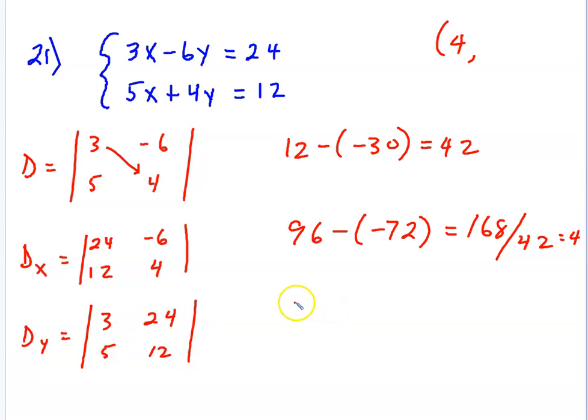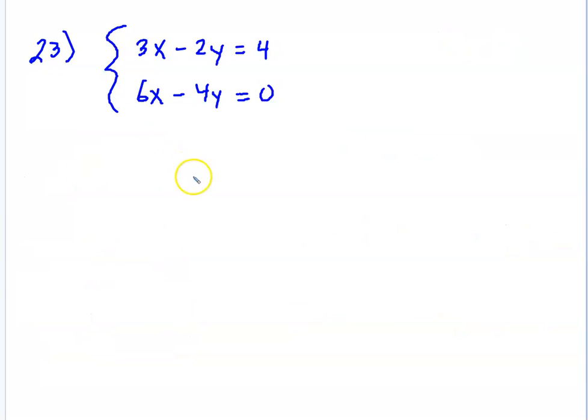On this determinant, so 36 minus 120 is 84, and once again we're going to divide by that initial determinant 42, and so that equals 2. So my final answer, x is 4, y is 2.